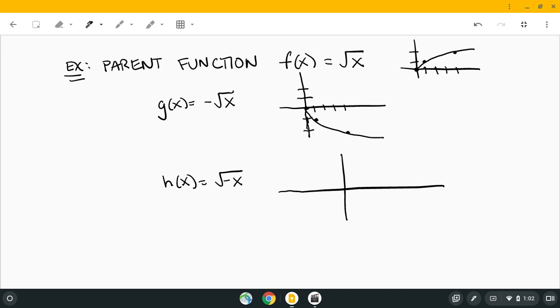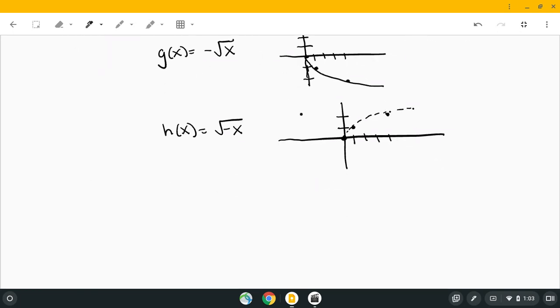All right, let's take a look at this one. Let me put the parent graph. Here is the parent graph, right? And multiplying the x value by a negative reflects it over the y-axis.